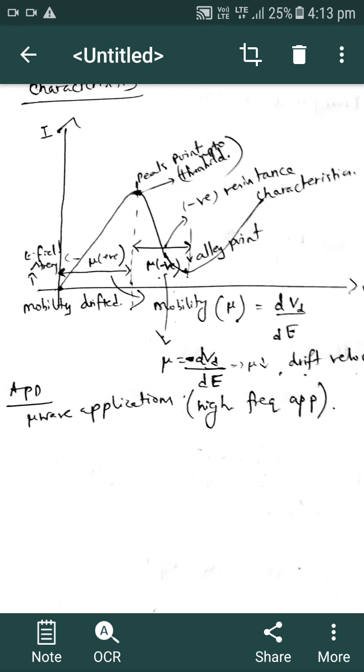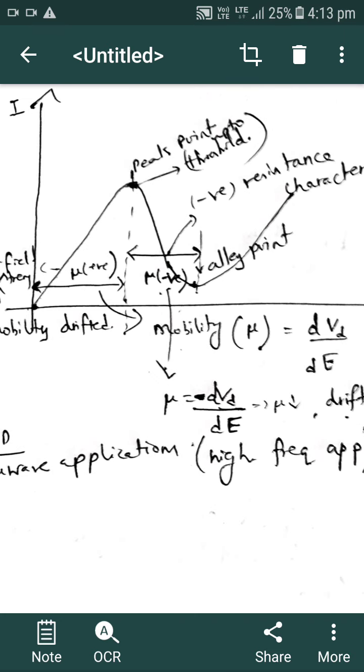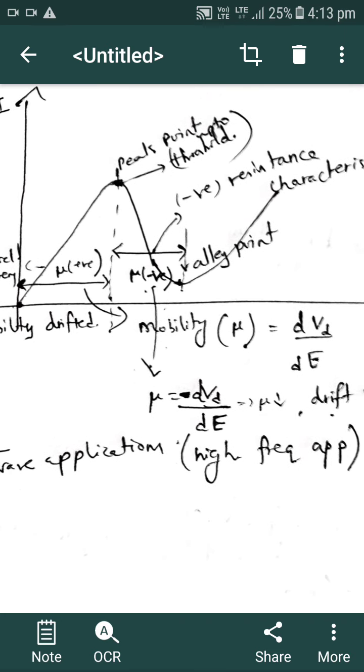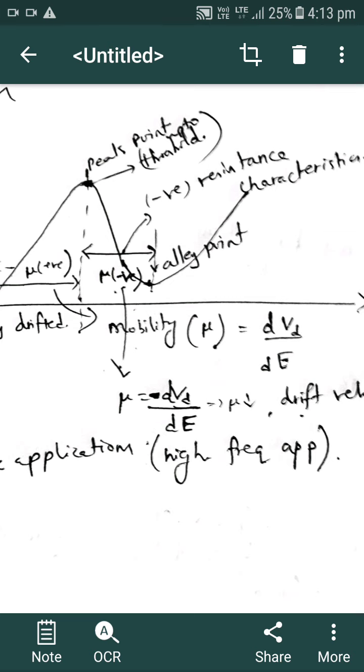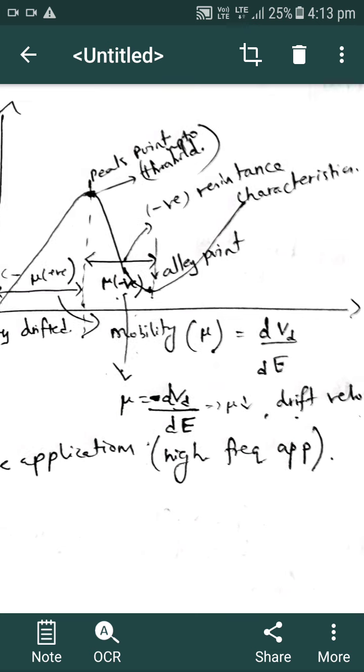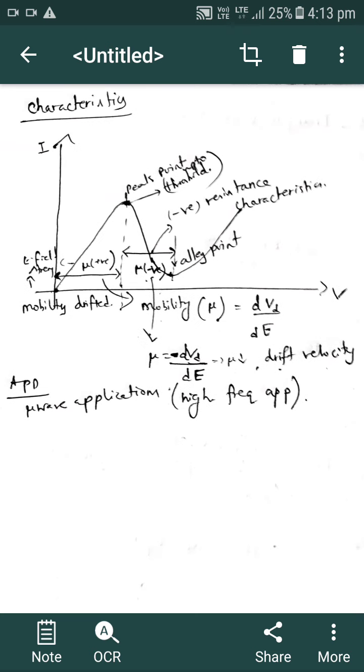After the peak point, if we increase the voltage, the current decreases till the valley point. And again, if we increase the voltage, the current increases linearly. This is the characteristic of the Gunn diode.